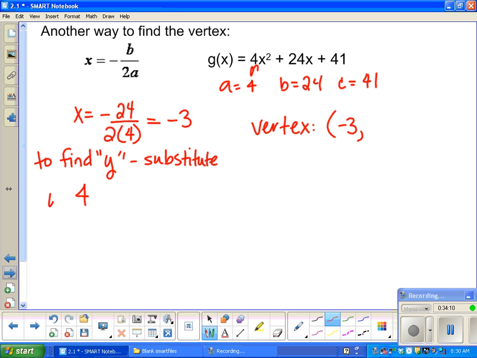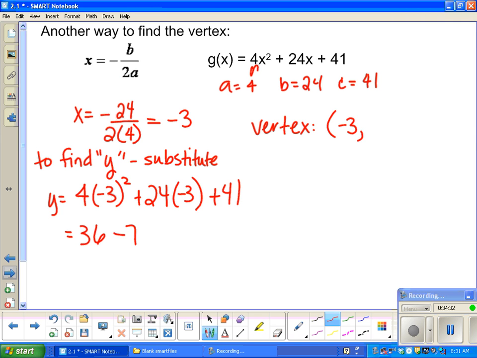So 4 times -3 squared plus 24 times -3 plus 41. -3 squared is 9. 9 times 4, 36. 24 times -3, -72 plus 41. -36 plus 41 equal 5. So my vertex is at -3, 5.